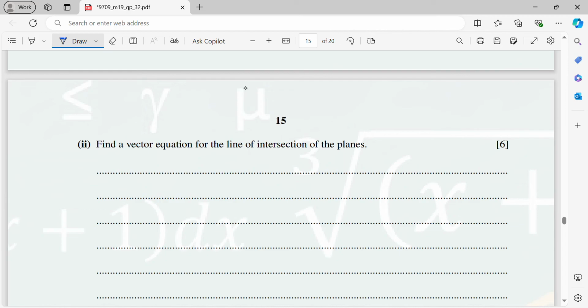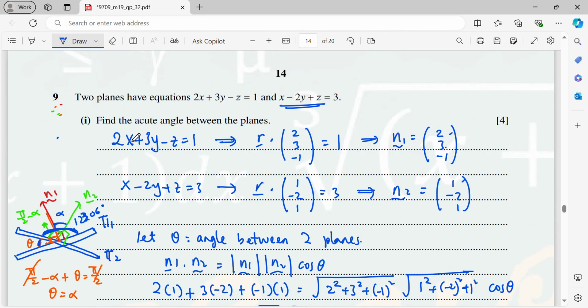Okay, part 2. Find the vector equation for the line of intersection of the planes. So for the intersection of the planes, we just solve the plane equations, right? So I will rewrite these two equations and solve the simultaneous equations.